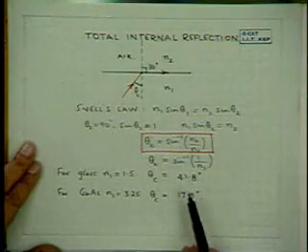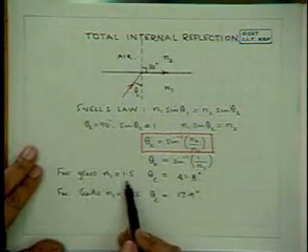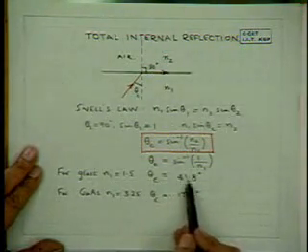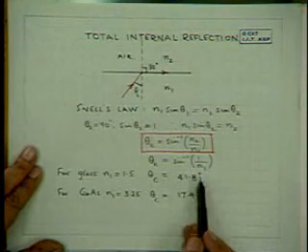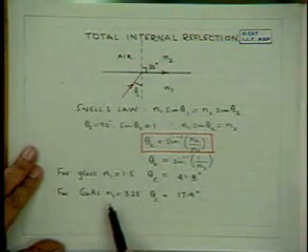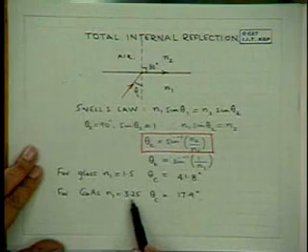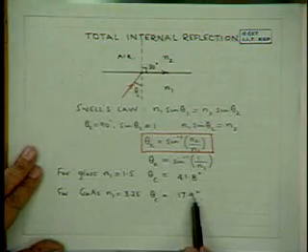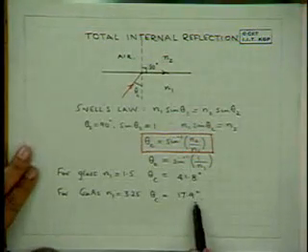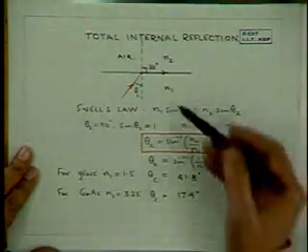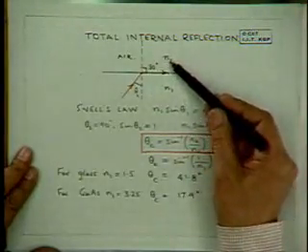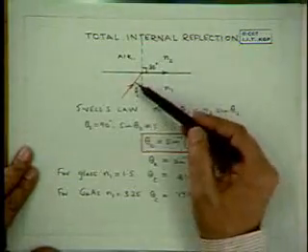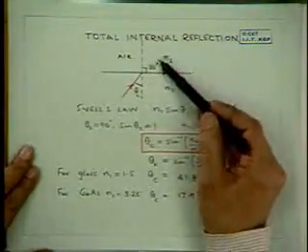Let us take a couple of examples. For glass, N1 is 1.5, so the critical angle is 41.8 degrees. But in a semiconductor such as gallium arsenide, N1 is much larger. It is about 3.25, and as a result, the critical angle is only 17.9 degrees. So when light is going from a semiconductor into air, there is only a very small angle of light which can be emitted into the air.